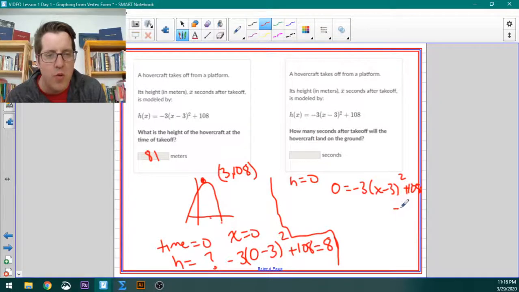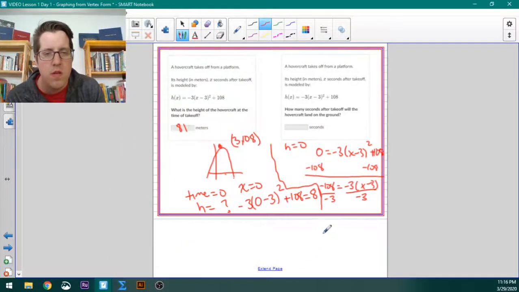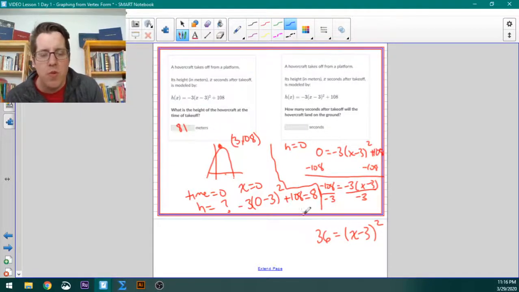We subtract 108 from both sides. We divide by negative 3. So I'm going to take the square root here. Remember, when you take the square root, your next step has to have a plus or minus.